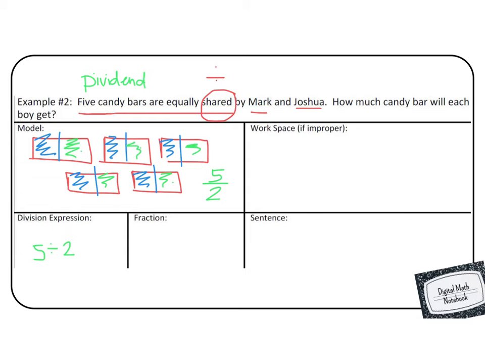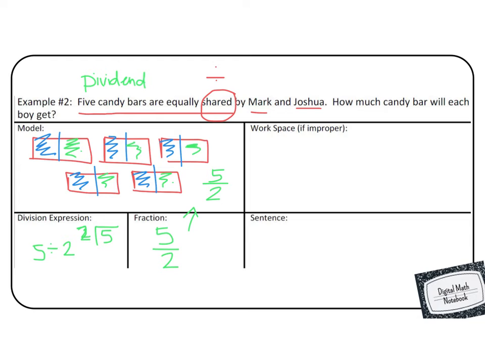And instead of doing it like this, we're going to do it like this. 5 goes on top and 2 goes on the bottom. Because the first one goes on top, just like the first one goes inside, and the second one goes on the bottom. That was our answer.